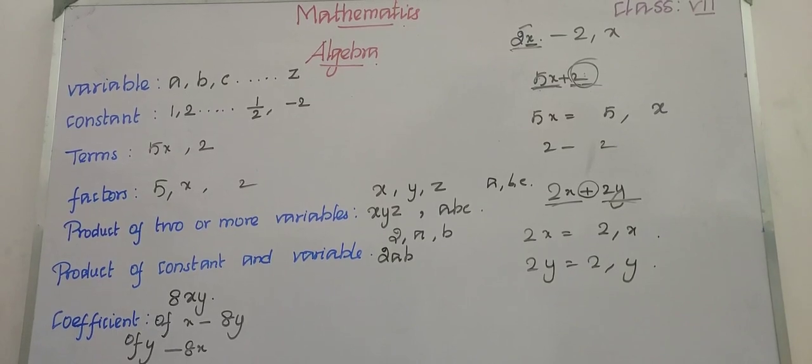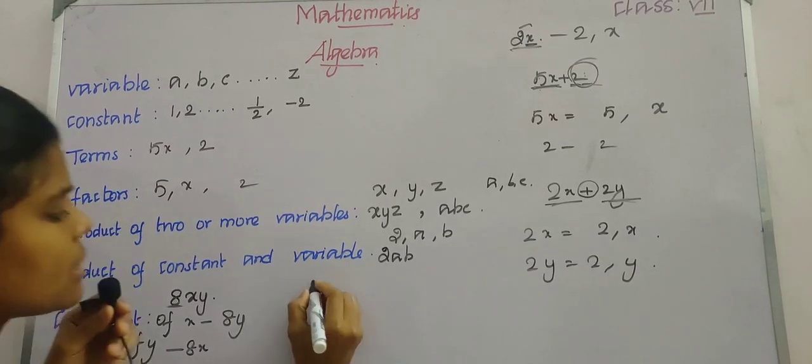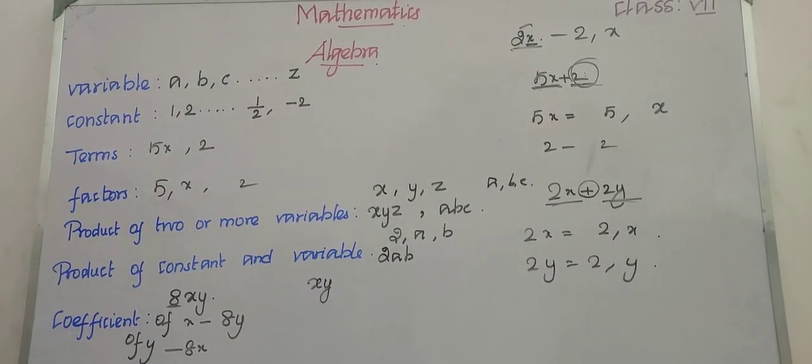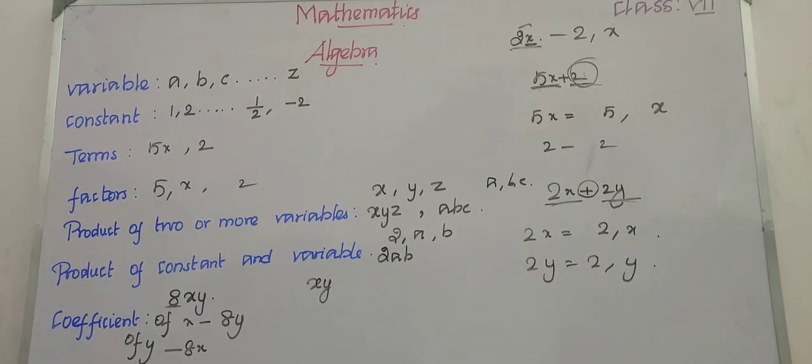And what is the numerical coefficient here? Numerical coefficient is 8. Simply numerical coefficient means we need to write the number alone. We need to write the constants in that term alone. Children, and if you are having simply xy, what is the numerical coefficient here?